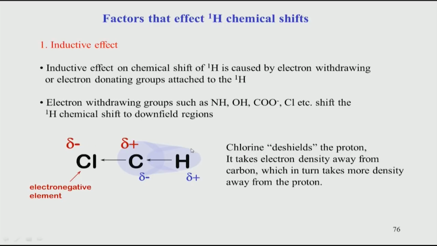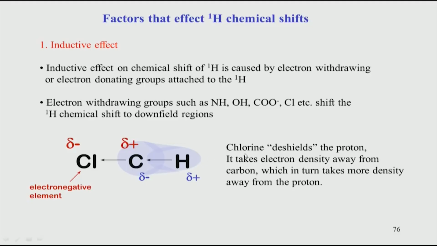If the electron density around this hydrogen is reduced, what happens? If you recollect, in one of the classes we discussed that the chemical shift comes because the electrons around the hydrogen atom shield the hydrogen nucleus, the proton, from the main magnetic field. But now, by reducing the electron density, the shielding effect is reduced. Therefore, we use the word de-shielding.